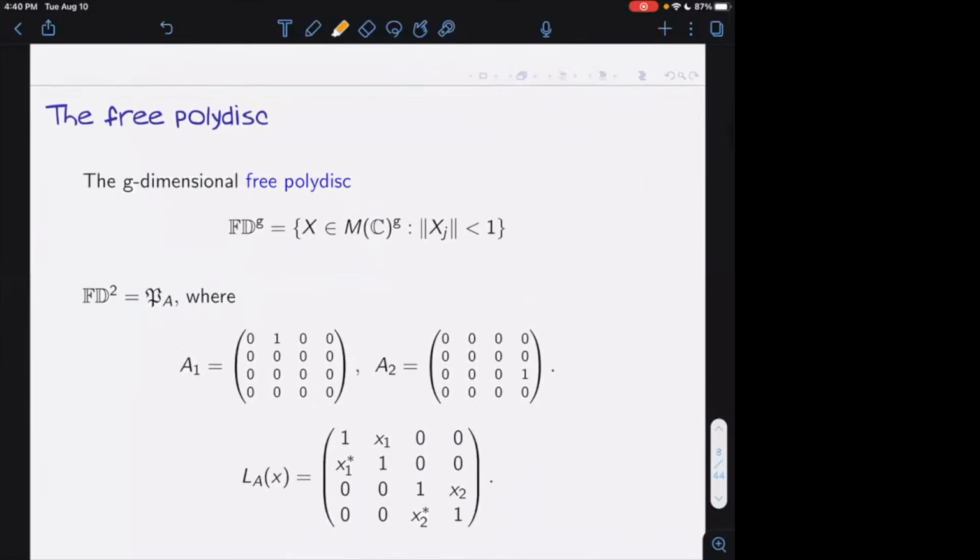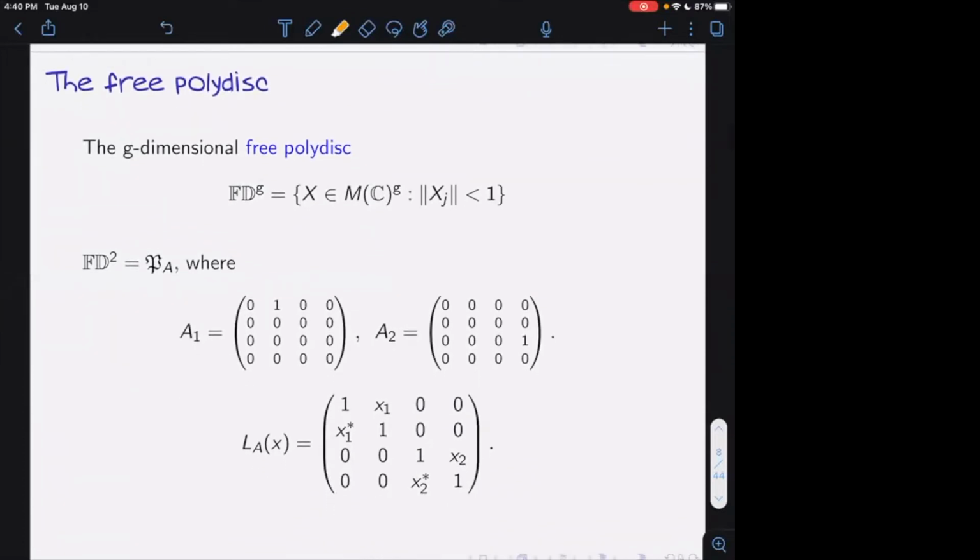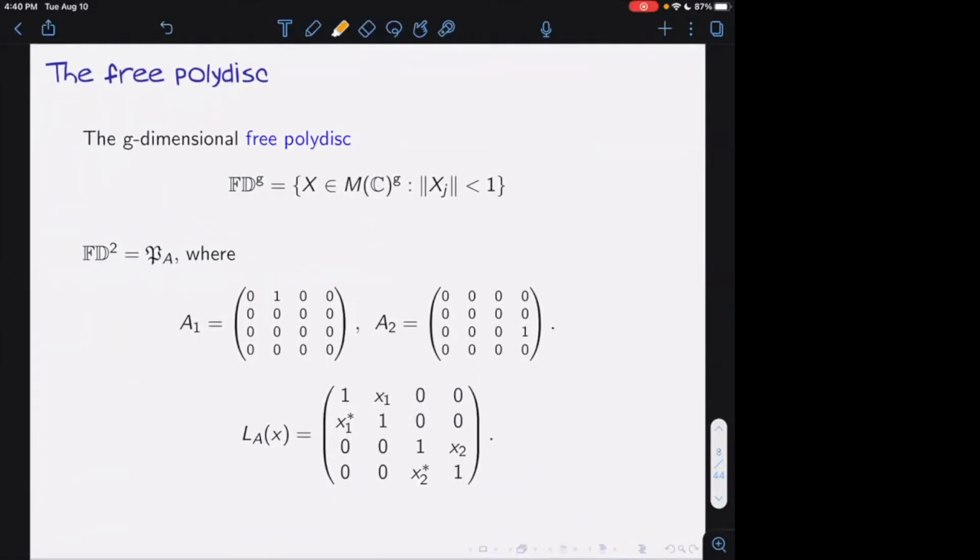Another simple example worth looking at is what I call the free polydisc in G variables. You're just looking at G-tuples of matrices of some size. I've dropped putting the sizes here; it's understood we're grading over all n. You're looking at G-tuples of matrices of the same size that each have norm less than 1.